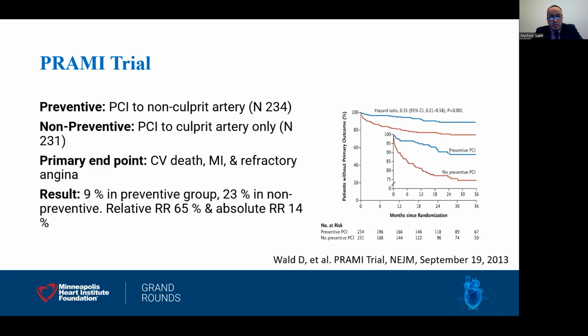The primary endpoint was cardiovascular death, MI, and refractory angina, and the result showed the rate of MACE was 9% with complete revascularization versus 23%, which is a huge difference, with a relative risk reduction of 65% and an absolute risk reduction of 14. And the Kaplan-Meier here shows how much the curves diverge.